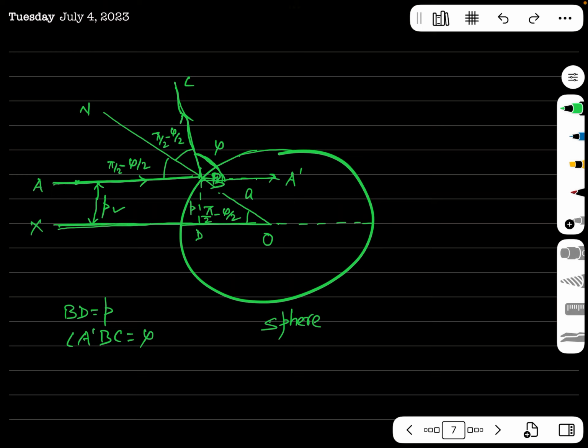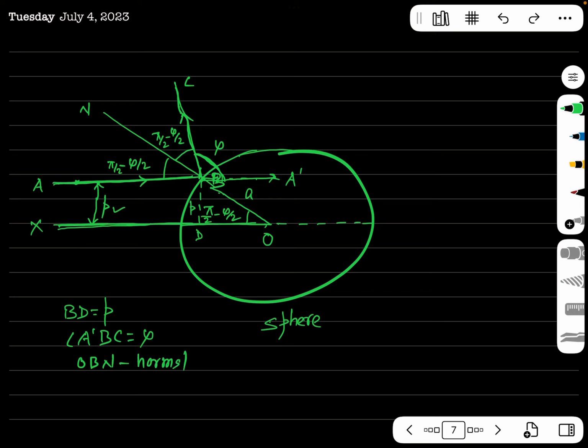Now let us join this point B to the center of this sphere. As you know, the radius of the sphere will be normal to this point, so OBN is the normal at the point of incidence.